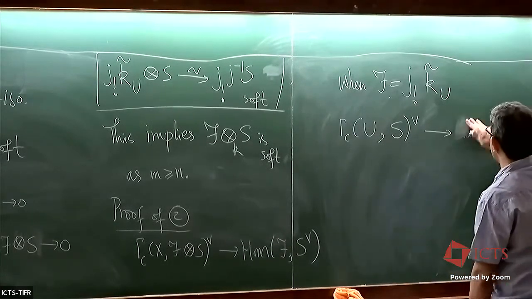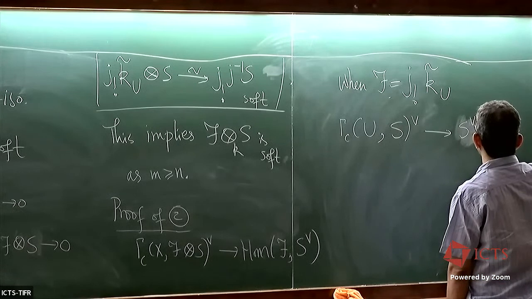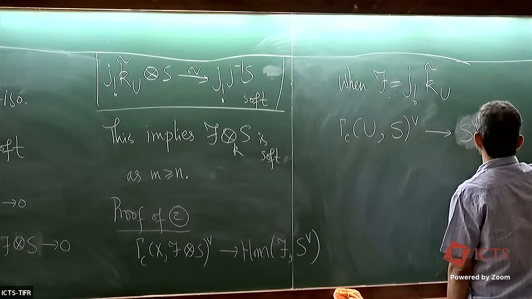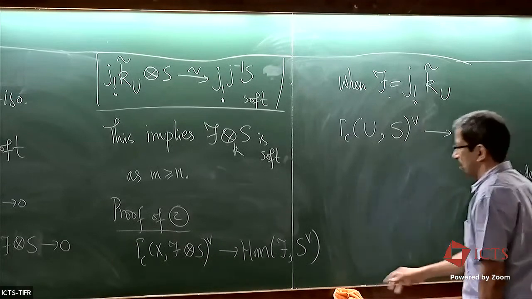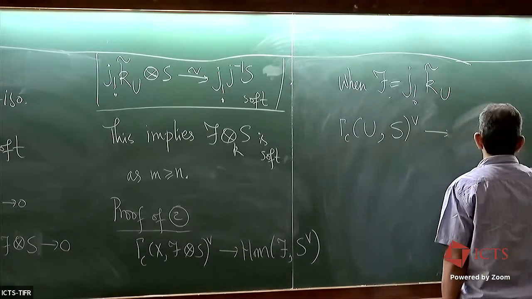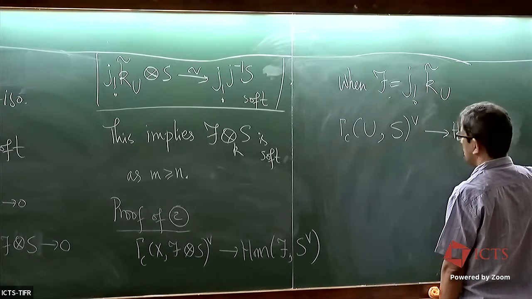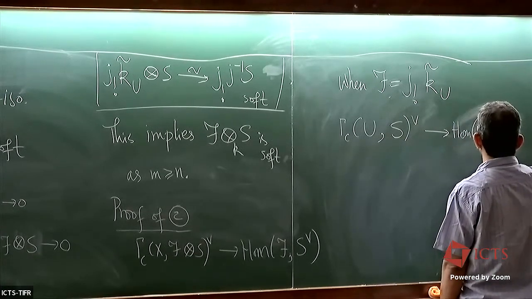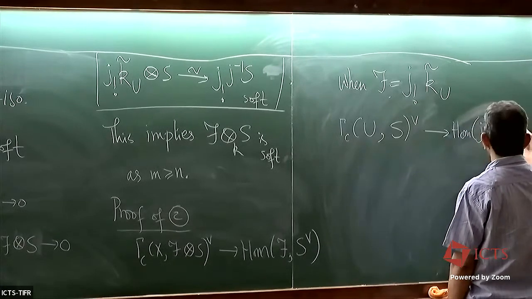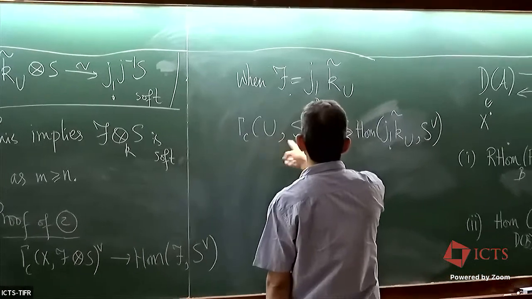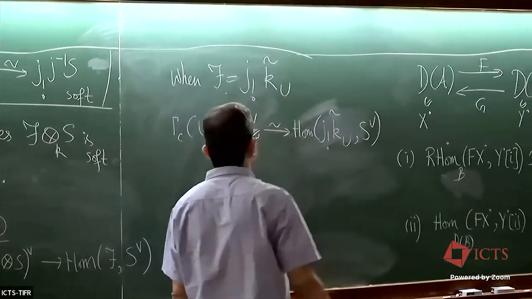This side will be S hat of U. I mean Gamma, that's the same thing. Or let me just say Hom. Let me write it out, what it is supposed to say. Hom, which is just sections of S hat over U, but that's exactly this one. So this is an isomorphism.